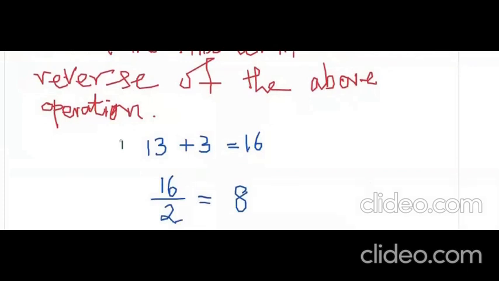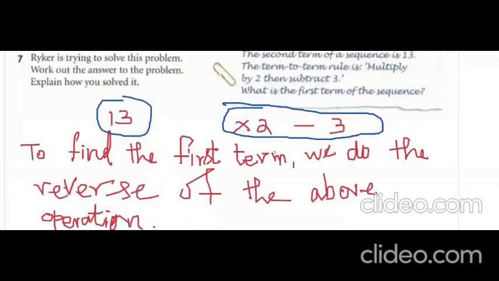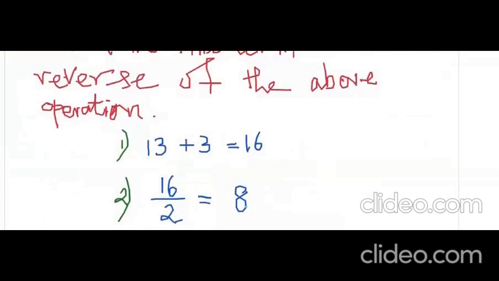So these are the first step and the second step. First step we add 3 because they have subtracted 3, and because they have multiplied by 2, we divide by 2. Finally, we get the number 8, which is the first term. Thank you.